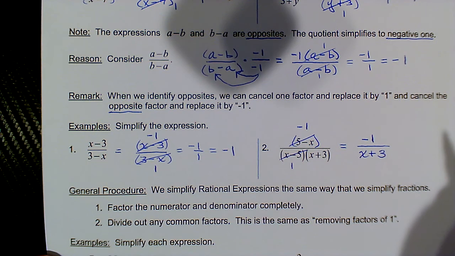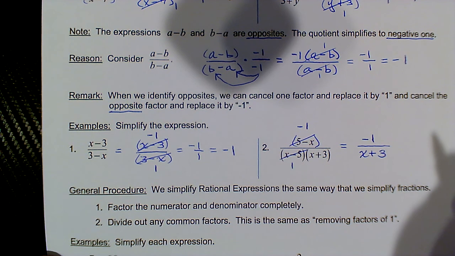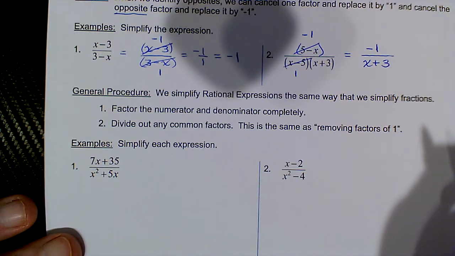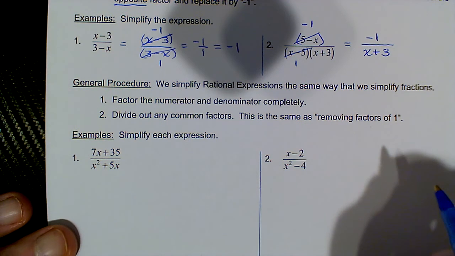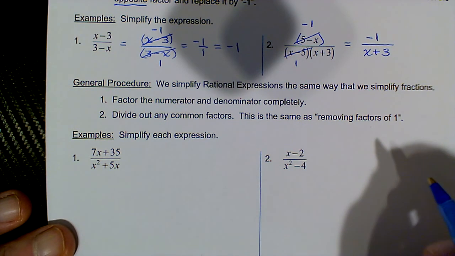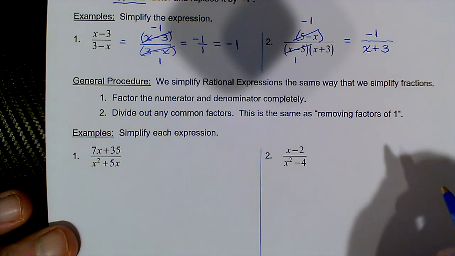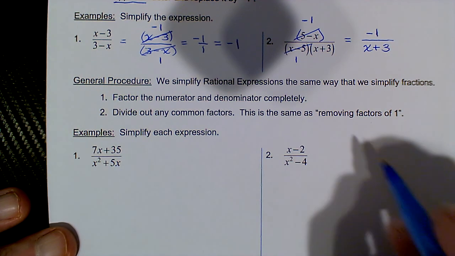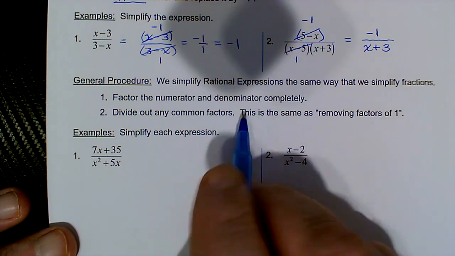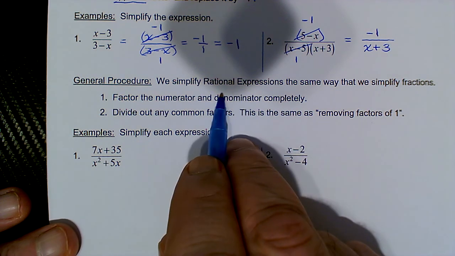rational expression. So a general procedure that we're going to be using, and we'll go over these first few examples, and then we might cut the video short and have a second part. But the procedure we're going to be using is this. I mentioned we simplify them the same way we simplify fractions.